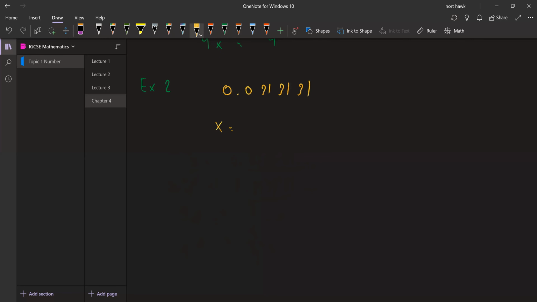I let x be 0.0313131, and so on. And I multiply both sides by 100. So this would become 3.131313, and so on.